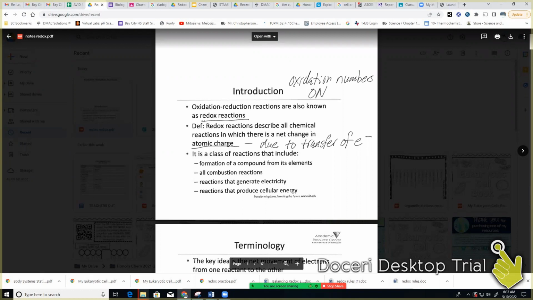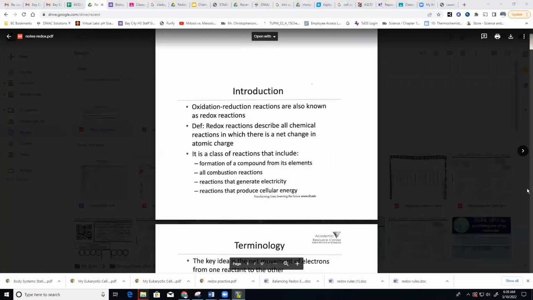These reactions generate electricity because there's a movement of electrons. So a lot of times these reactions are taken advantage of in the development of batteries and also some cellular energy. Things that you may have studied in biology could be redox reactions.